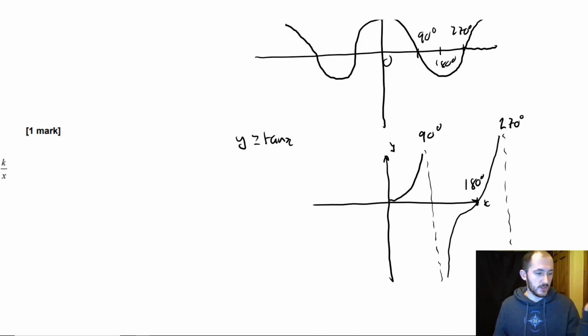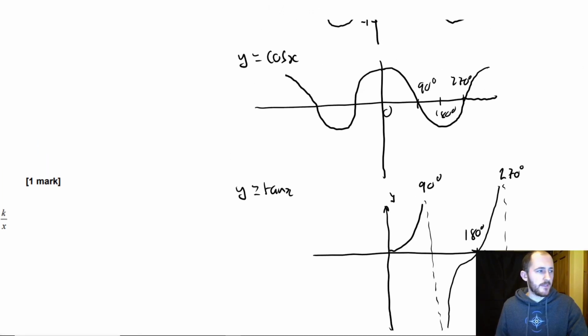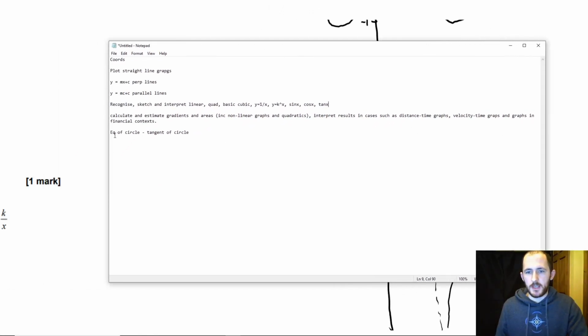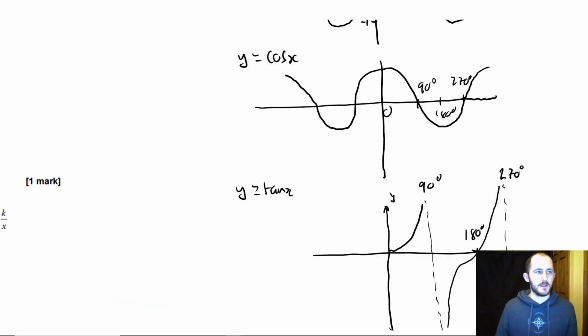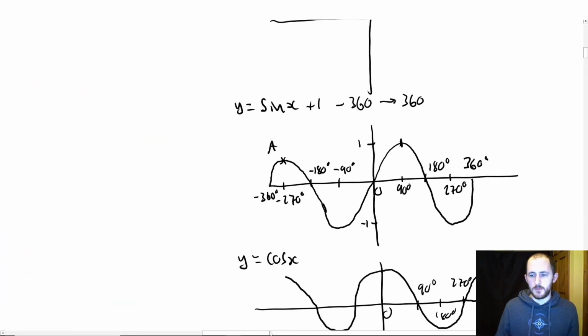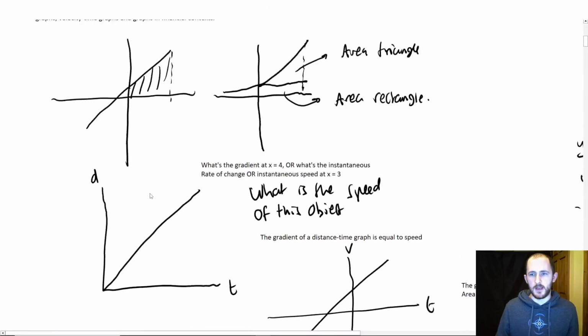So again, this is directly from your spec. It's not done. And the last thing you need to know is just the equation of the circle, working out the tangent of a circle. So assuming that's all okay, we can get straight on to doing questions.